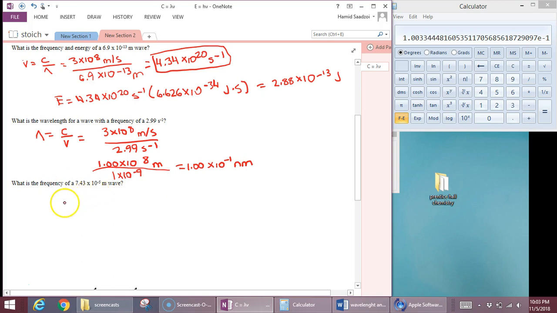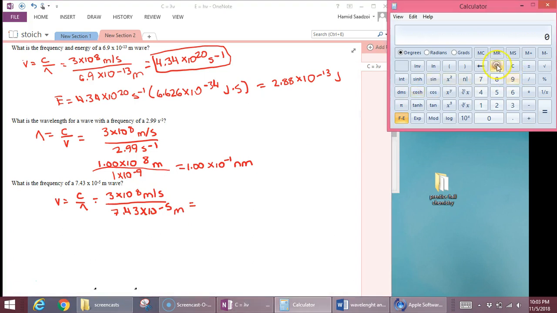Alright, so frequency for this one. Frequency is equal to c over lambda. So 3 times 10 to the 8 meters per second divided by, we're already in meters, so that makes our life easier, 7.43 times 10 to the negative 5 meters.